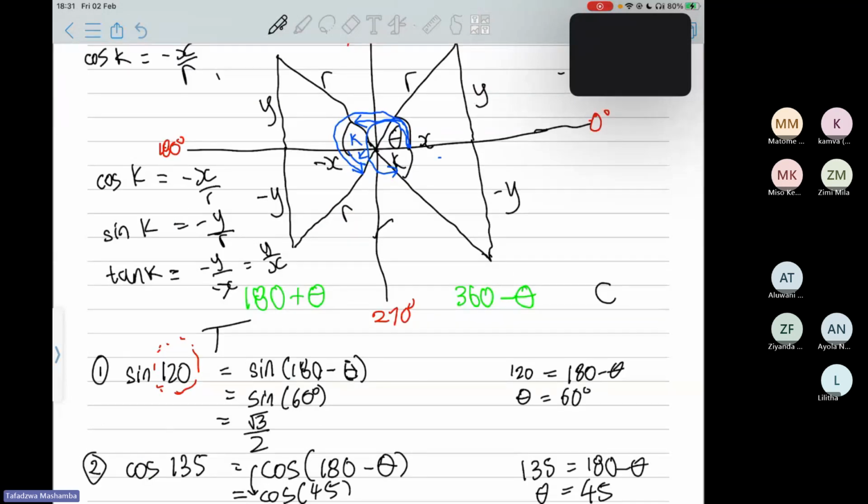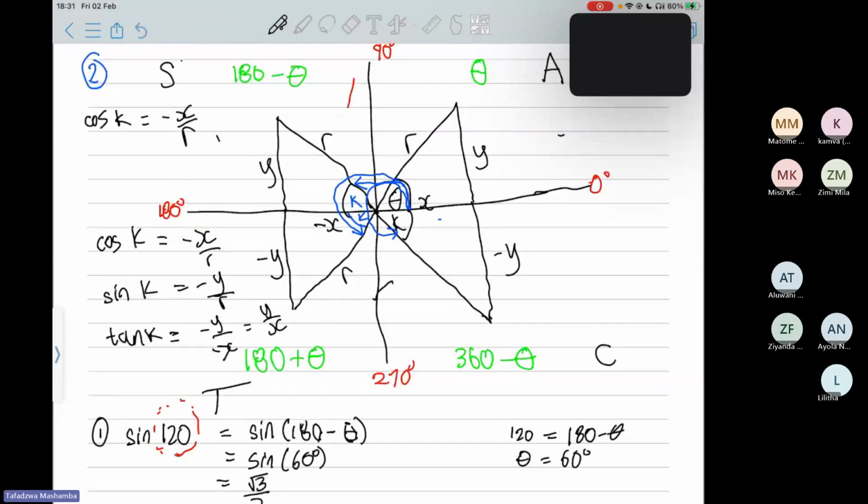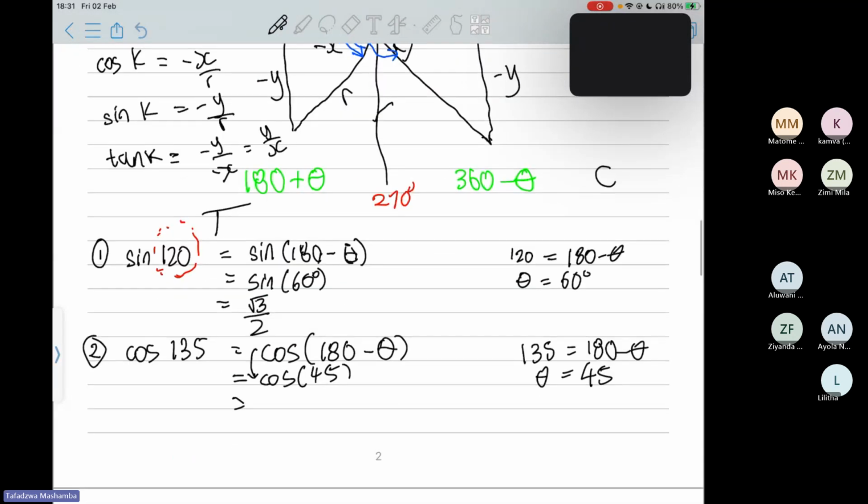That's something we didn't address in the first one because sine was positive in that quadrant. But cos in this quadrant is negative. So immediately when you go to this step, what you do is simplify it and write it as minus cos 45.